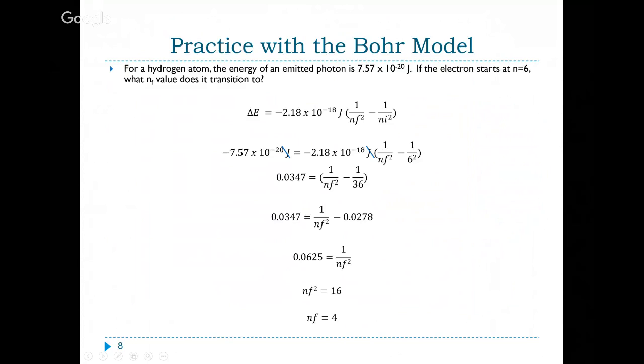So NF squared is 16. If I take the square root of both sides of the equation, I get that my final energy state was equal to 4. So this tells me that when an electron transitions from n equals 6 to n equals 4, the energy that is associated with that is 7.57 times 10 to the negative 20th joules.